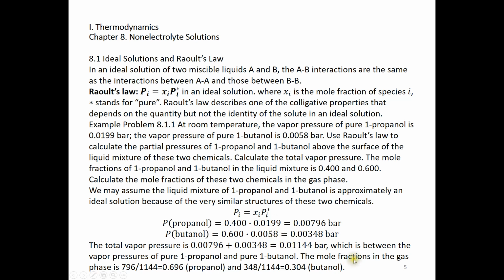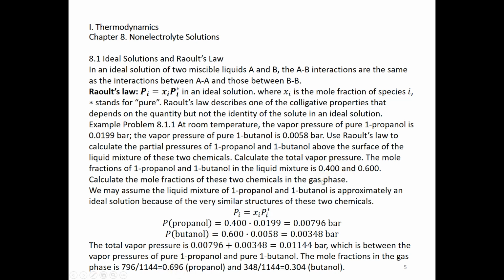Now we can compute the mole fractions of the gas phase. It's going to be 796 over 1144, and we get 0.696 for propanol, 0.304 for butanol. You can see this mole fraction is actually greater than this mole fraction. So why is that? Well, we're talking about propanol, right? Its mole fraction in the liquid phase is 0.4, in the gas phase it's 0.7. Why such a big difference?